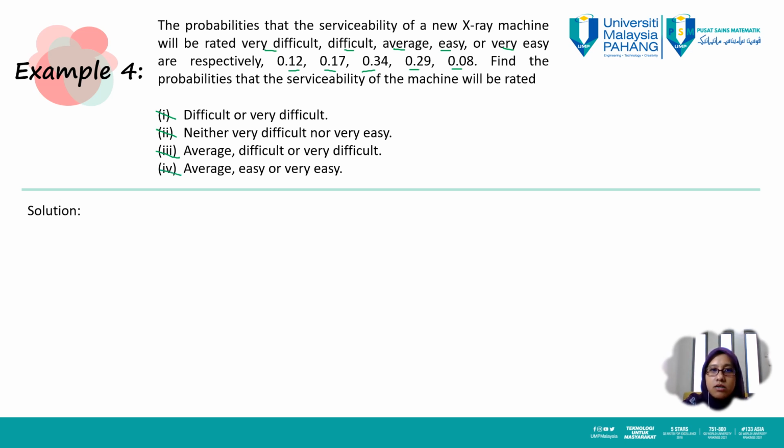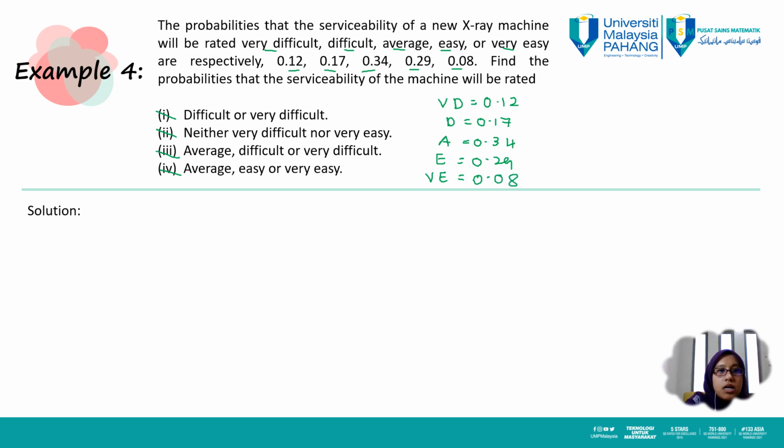Okay, so let's write this down. Very difficult is 0.12. Difficult is 0.17. Average is equal to 0.34. And then easy is equal to 0.29 and very easy is equal to 0.08.